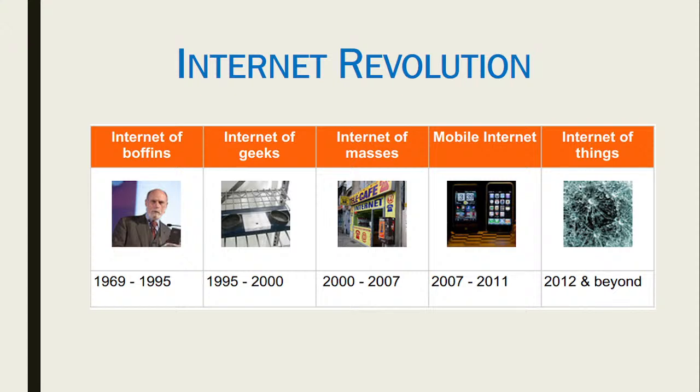This was a very short period, like 5 years or less, because after that era it was the internet of masses, because the internet became faster, so people could actually use it for useful, convenient things in their life. So many new companies started.